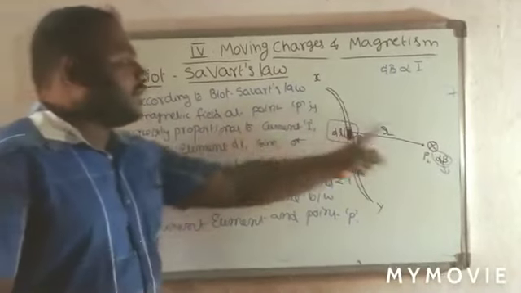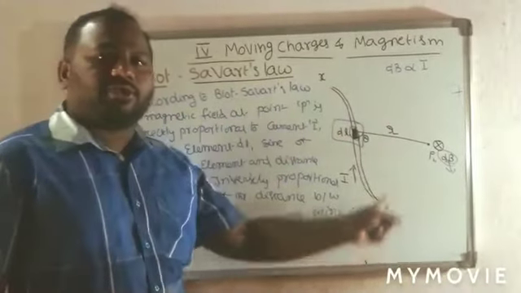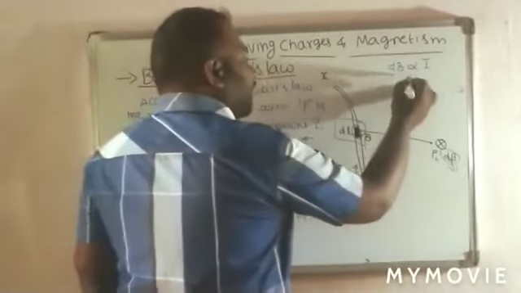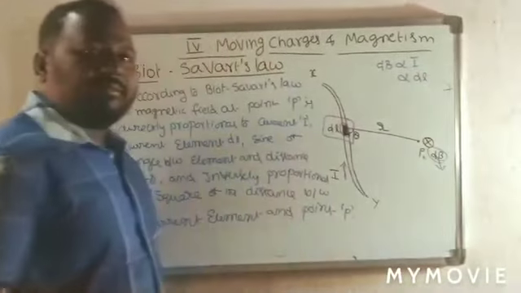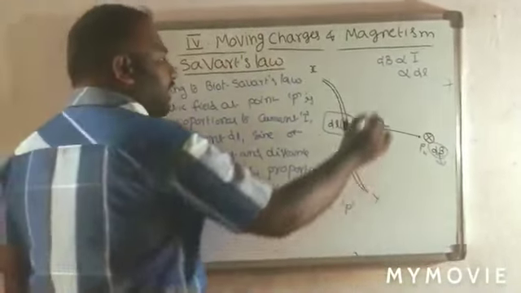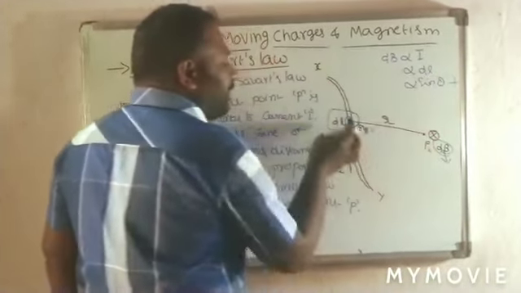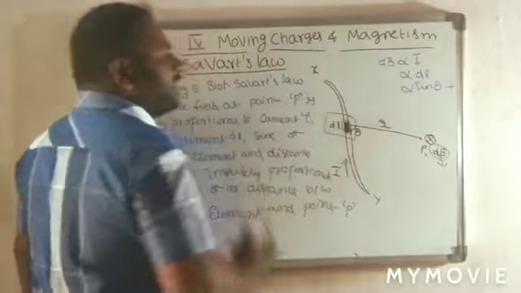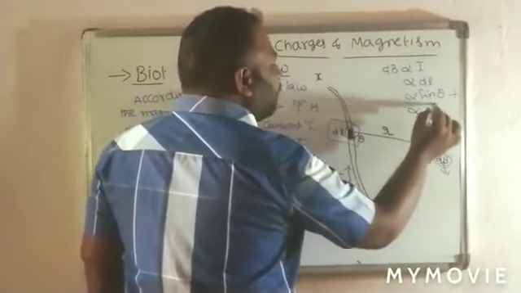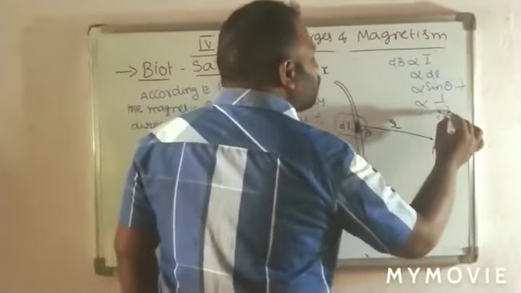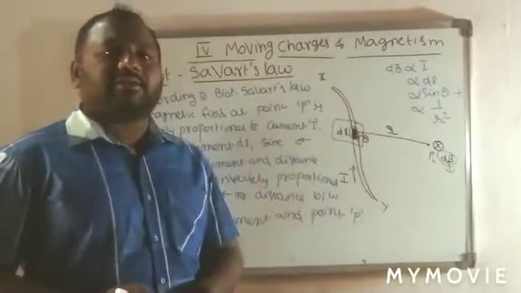The magnetic field at point P is directly proportional to the current flowing through the conductor, and also directly proportional to the current element dl, and also directly proportional to the sine of the angle between the current element and the distance vector, and that magnetic field is inversely proportional to the square of the distance between the current element and point P.